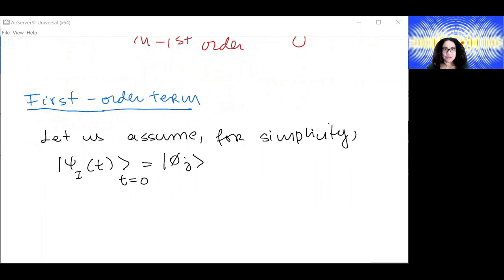We can make this assumption. And remember that at t equals 0, the Schrodinger picture and interaction picture coincide, although I'm putting I here to point out we are working in the interaction picture.